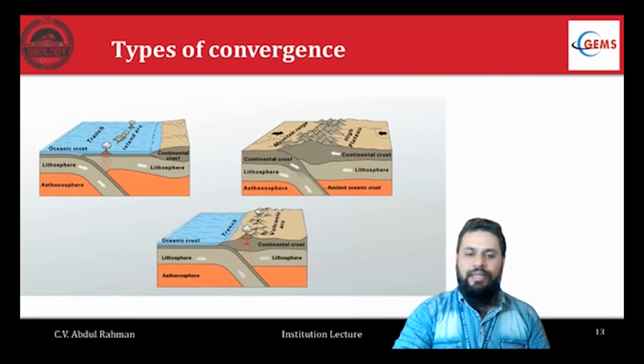They will not subduct. Whenever the overriding happens, numerous folded mountains are formed. The Himalayan mountain range is the best example of this kind of continental convergence. So this is a continental plate boundary.